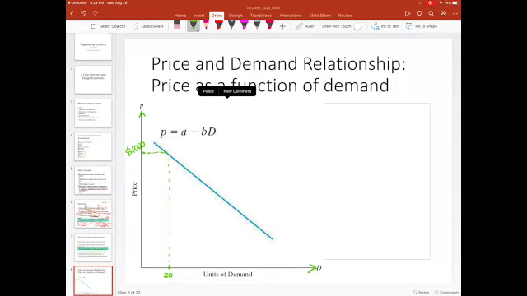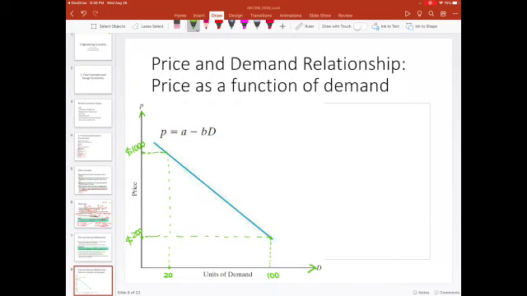And if the price is cheaper, like somewhere here, the price might be just 200 US dollars, then of course you will get more demand. You sell more, maybe that number will be 100, okay?